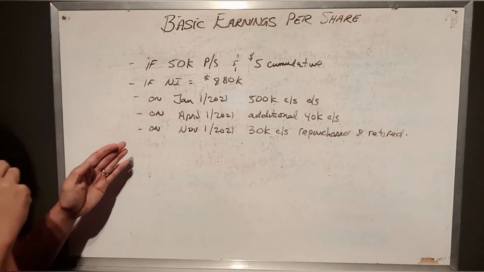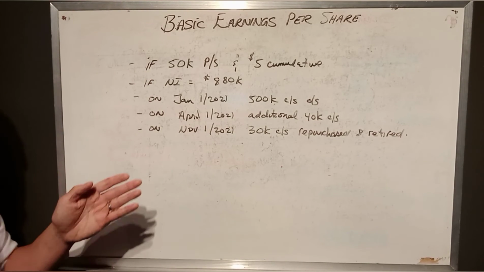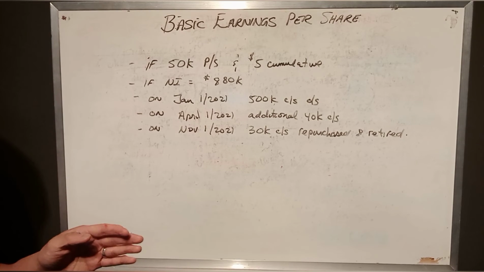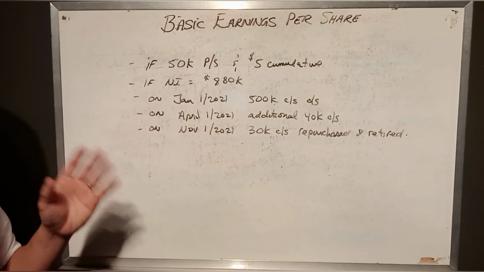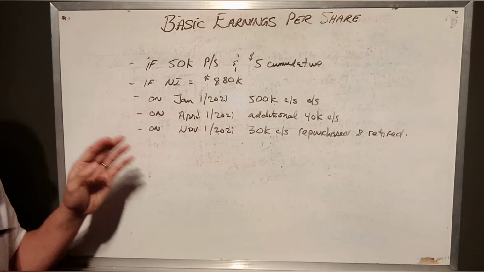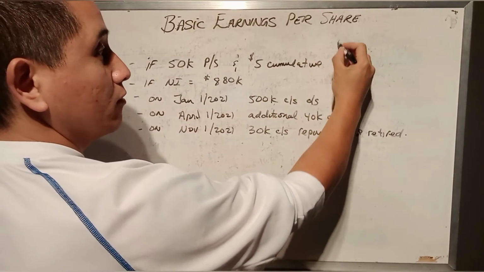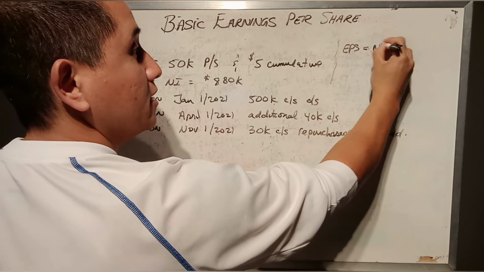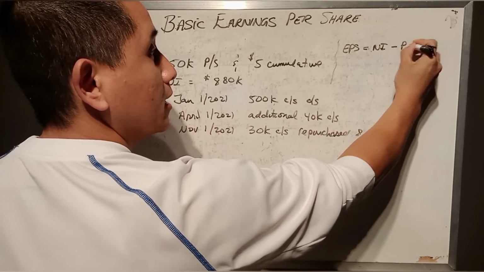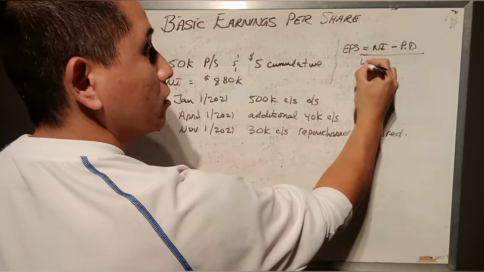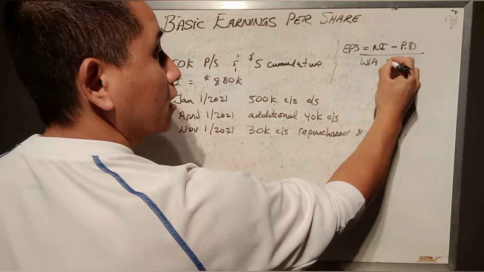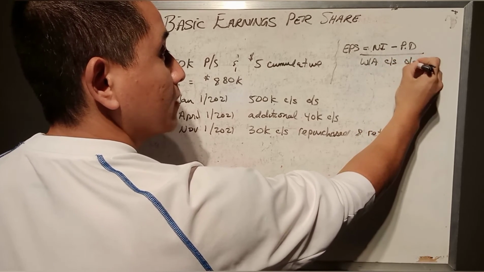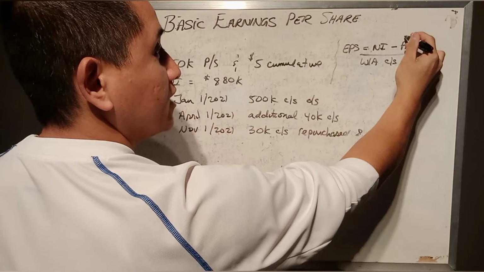So let's calculate what the effect of all this would be. Remember, earnings per share is equal to net income less preferred dividends, all over the weighted average common shares outstanding.